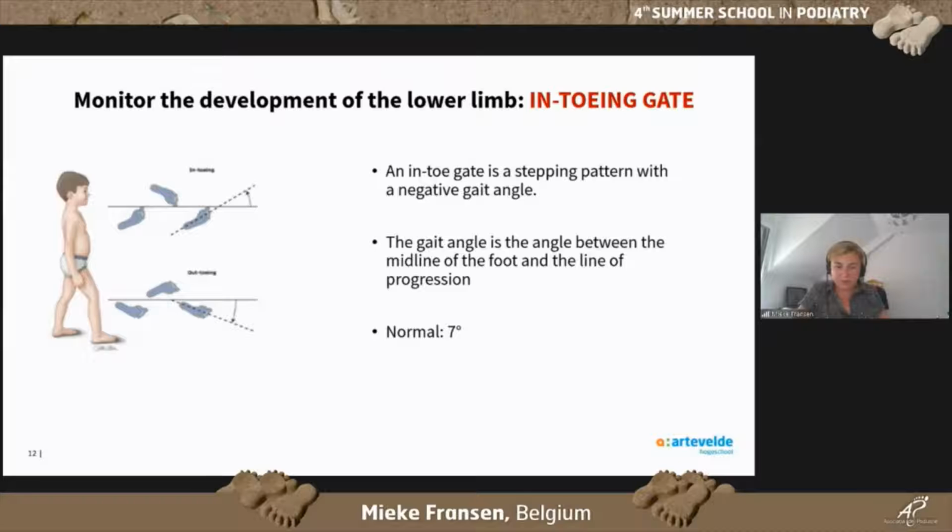Another common foot problem in children is the in-toeing gait. Now, an in-toeing gait is a stepping pattern with a negative gait angle, and this gait angle is the angle between the midline of the foot and the line of progression. As you can see in the picture, normally it has to be around 7 degrees. When the foot turns inwards, we speak of an in-toeing pattern.